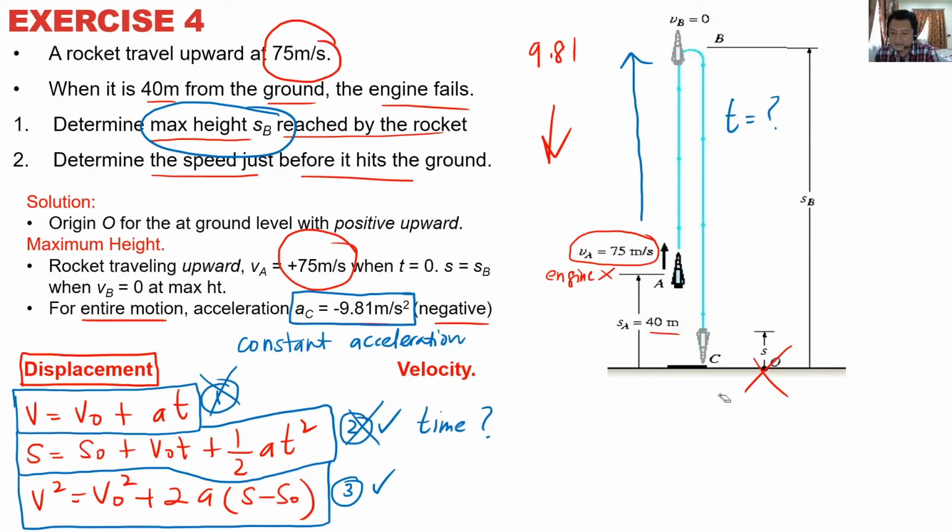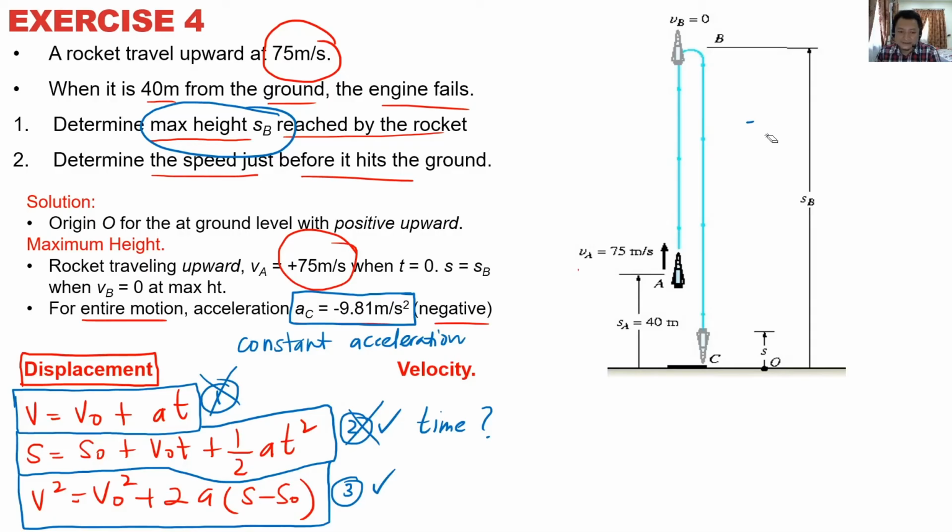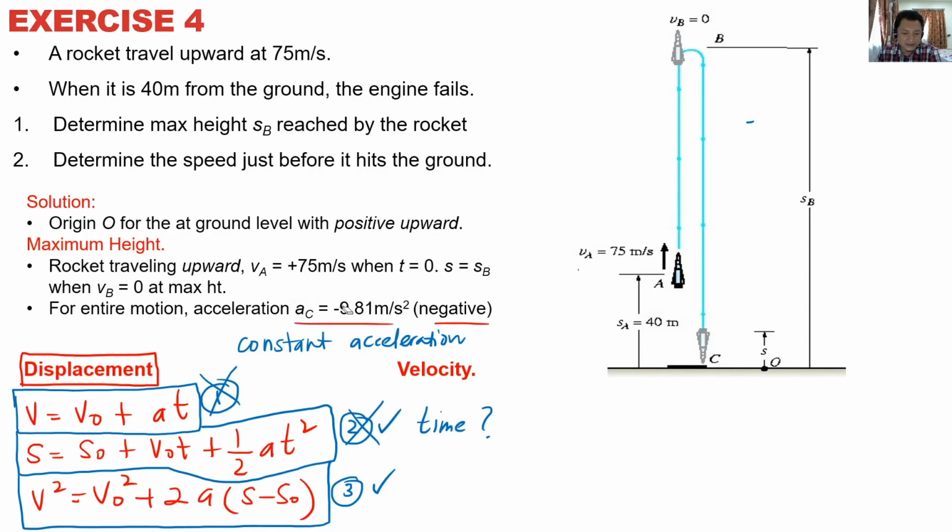So let's try. Simplify it a bit. Constant acceleration. Let me clean up this question. So we have decided, after much consideration, we need to use equation number 3. Original velocity. V squared, let me choose a different color. Red color.